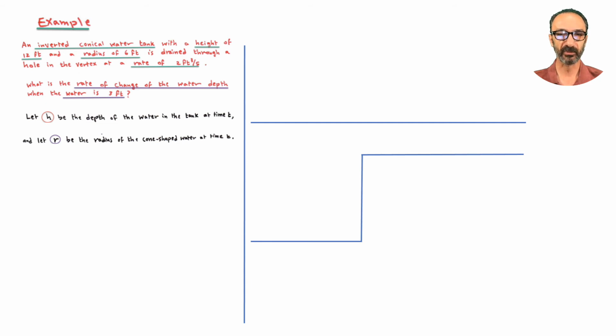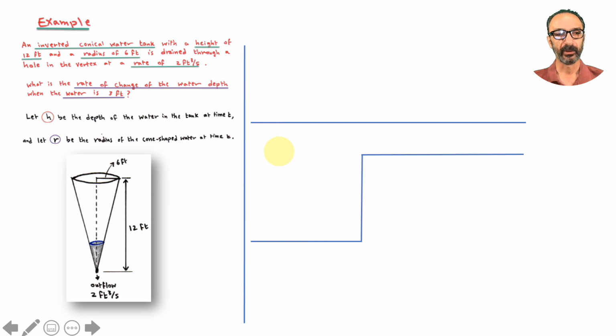Here's a graph to simplify things. That's what they are talking about, inverted conical water tank. The water is outflowing at 2 feet cubed per second. And the cone is originally 12 by 6. 6 for r and 12 for the height.